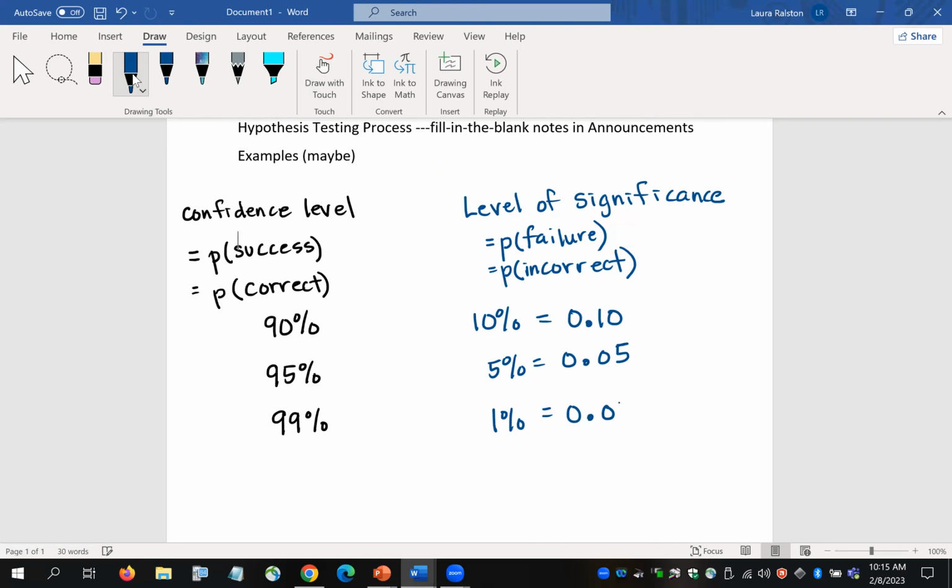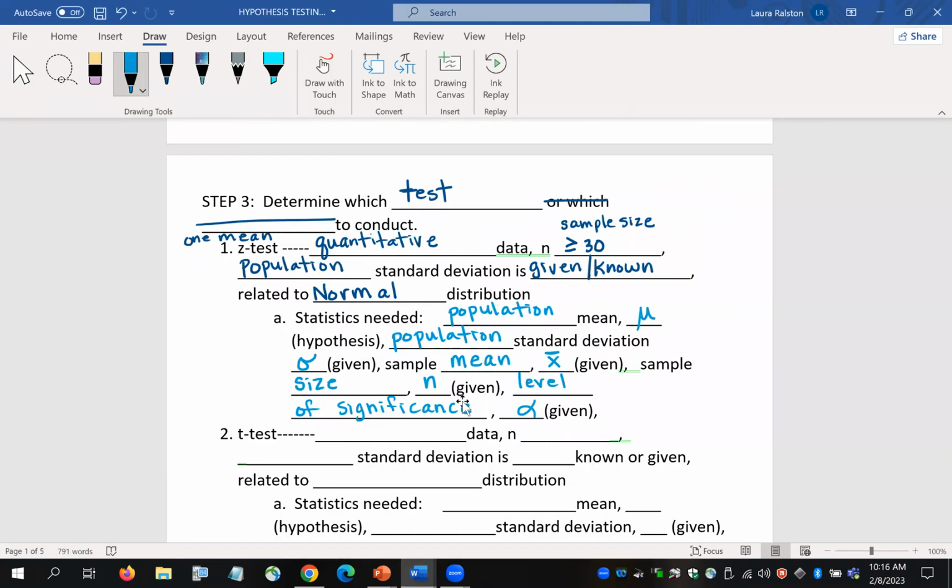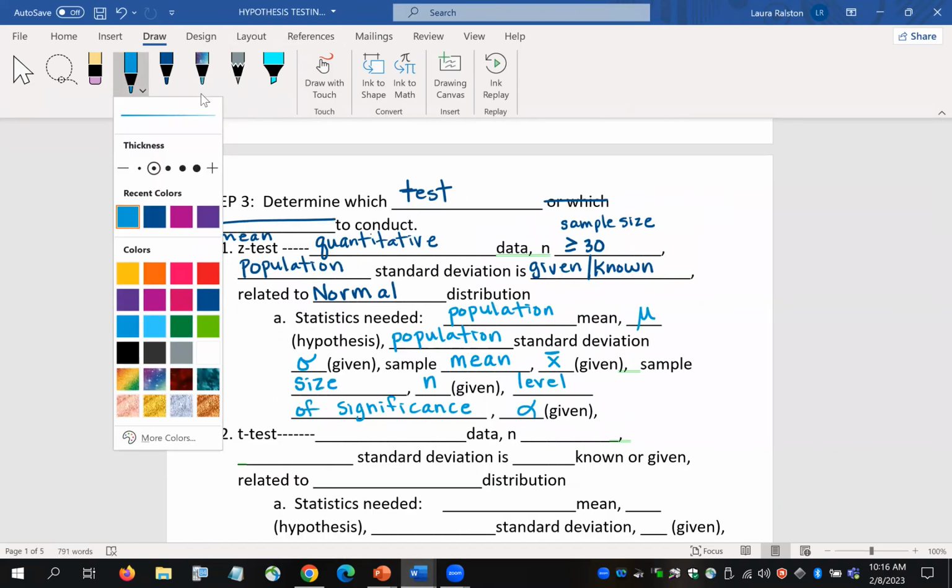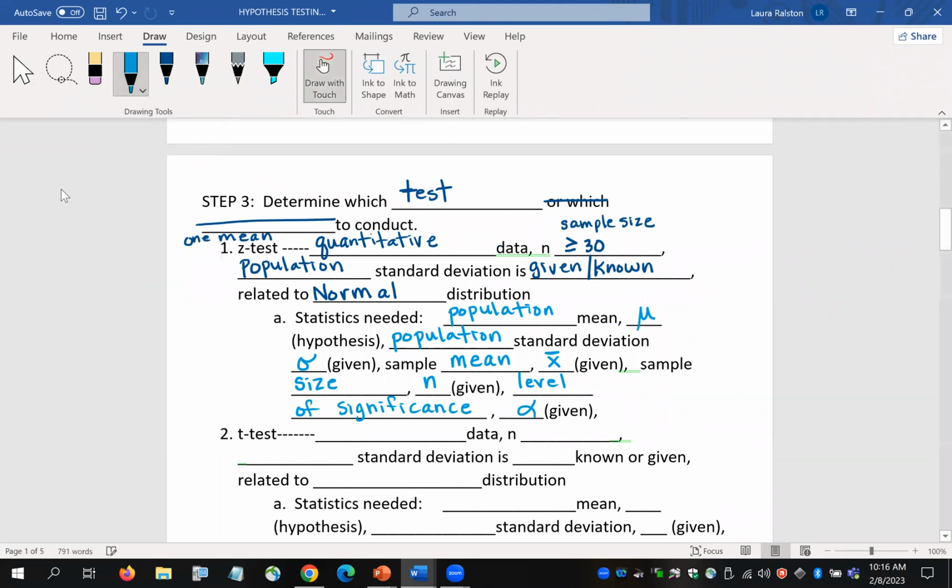One of the other differences that I pointed out is that typically your confidence levels are given as percentages, but your level of significance is usually written as a decimal. Okay, so the problem should identify what your level of significance is. And again, typically that is going to be presented as a decimal.